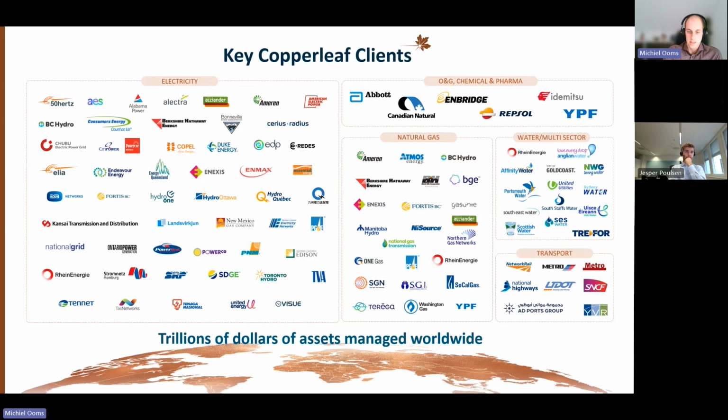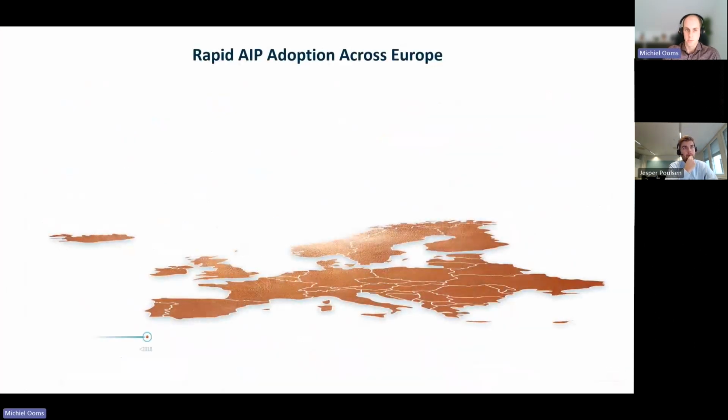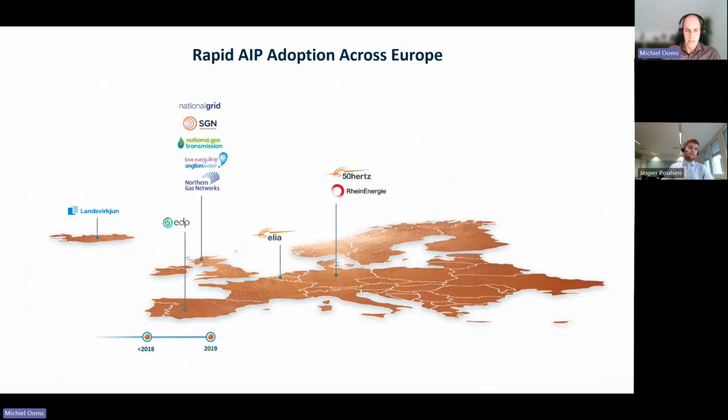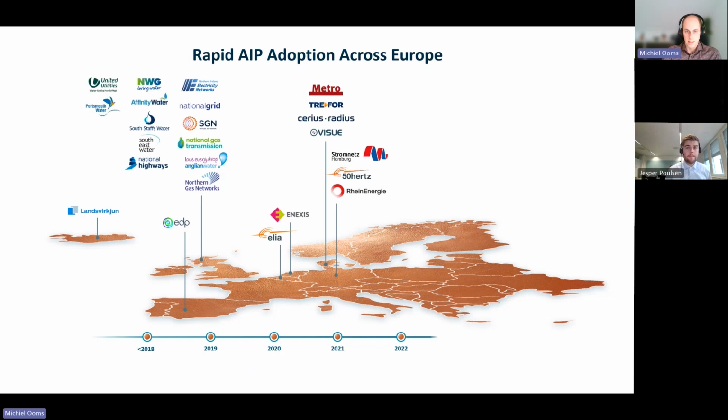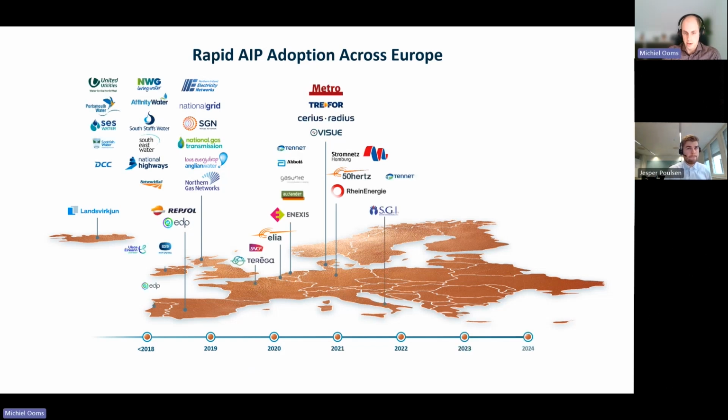And we are seeing that this is applicable not only to electricity distribution, but also electricity transmission and generation, and other types of industries like natural gas, oil and gas, pharmaceuticals, the water sector, and the different branches within transport, like railway, ports, and airports. And especially in Europe, we are seeing a rapid adoption of AIP, and this also leads to a growing customer base in a variety of industries.